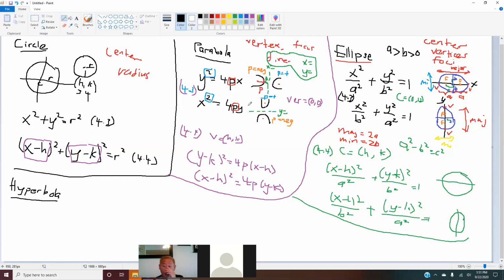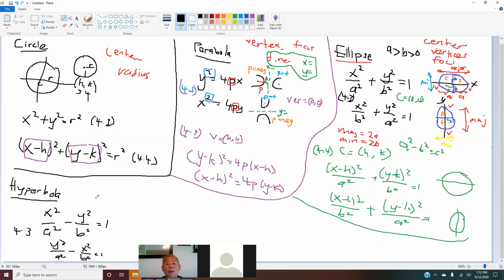The equation for a hyperbola is given by x squared over a squared minus y squared over b squared equals 1, or it can be y squared over a squared minus x squared over b squared equals 1. Again, this is from section 4.3.